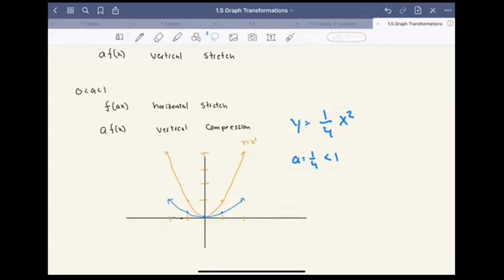Okay, so there's another way to look at this. This is also equal to 1/2 x squared, all squared. So if we look at it this way, remember here, this was, of course, a vertical compression. That's looked at from this perspective.